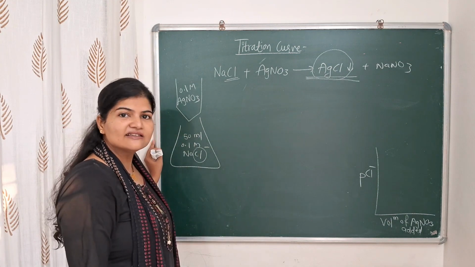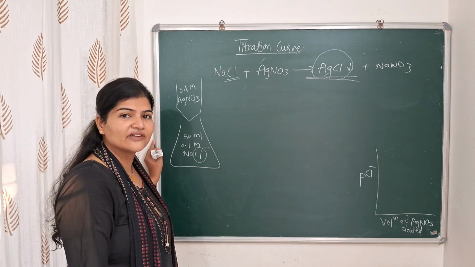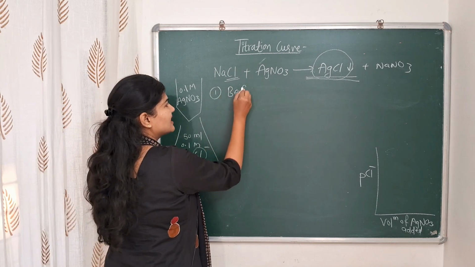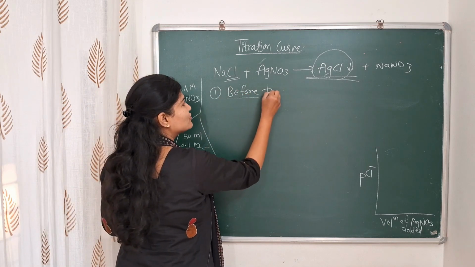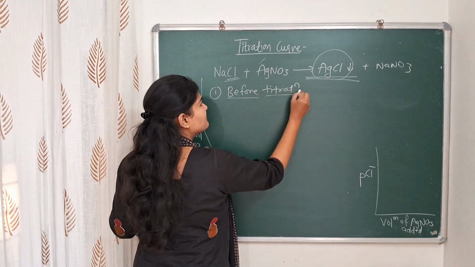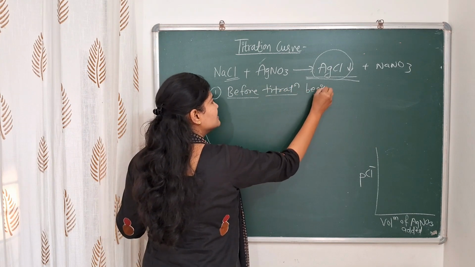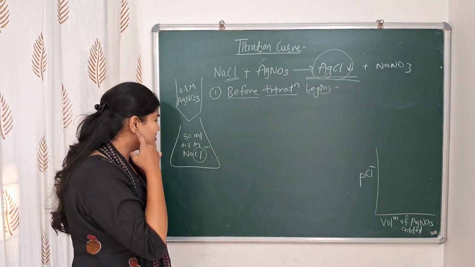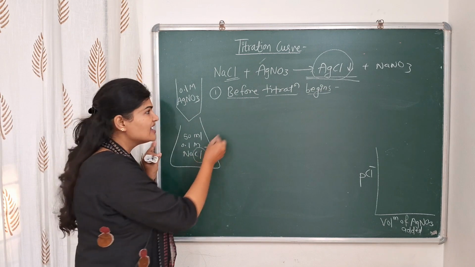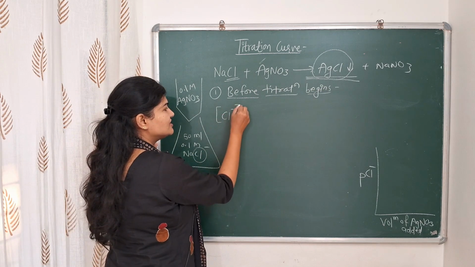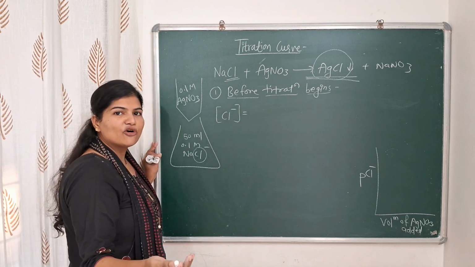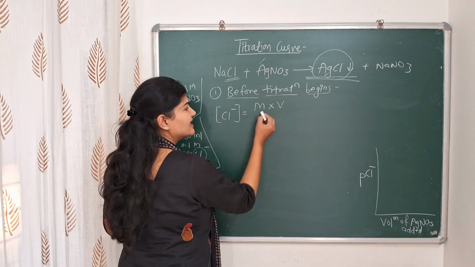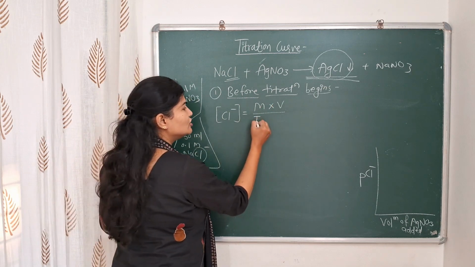Now let's discuss how this curve can be plotted. The first condition we will take is before titration begins. There are only chloride ions present in the solution. If I want to calculate the concentration of chloride ions, I can use a simple formula: molarity of chloride ions into volume of chloride ions upon the total volume of solution.